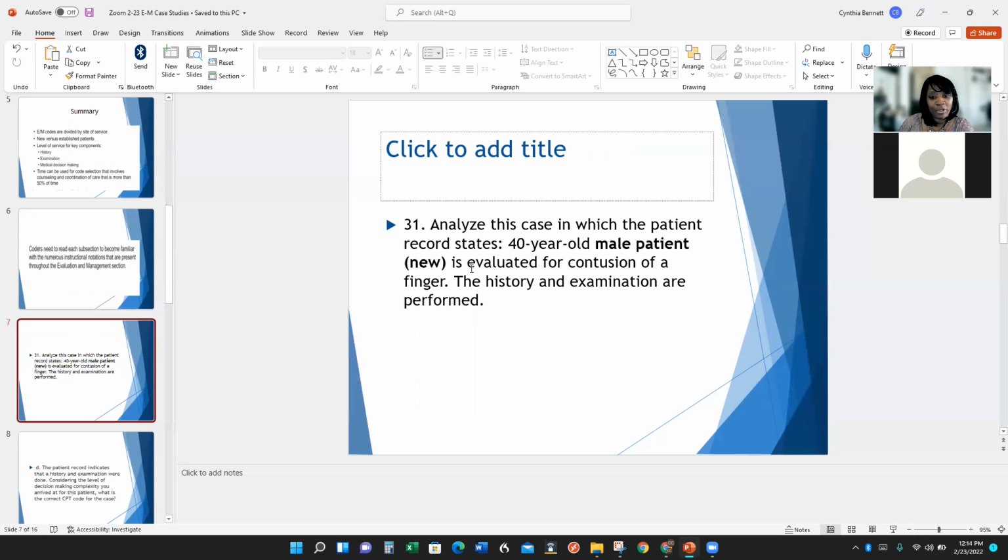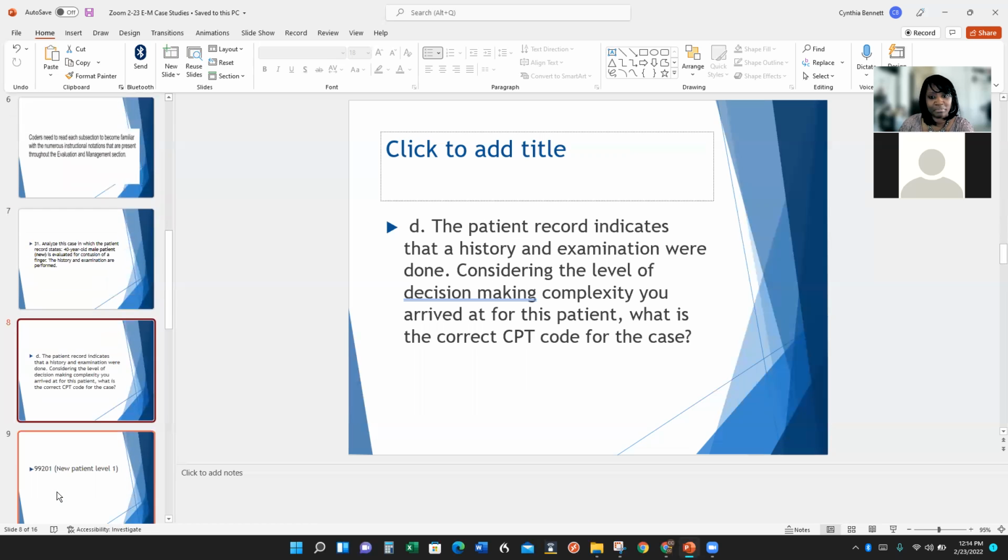So the first thing that we notice is that this patient is new, because they're already telling us this. So that's something that we need to take into consideration. And if they're coming in for a contusion on their finger, that's usually going to require minimal history and exam done. So we'll keep those things in mind.